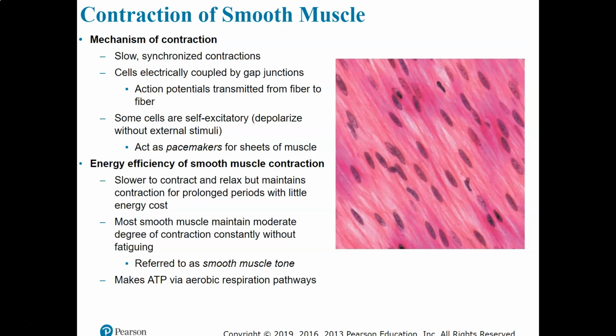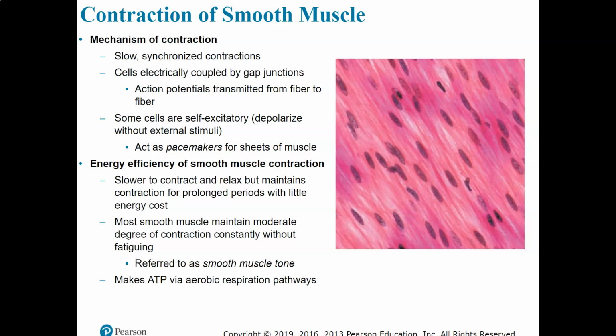They're able to depolarize even without being stimulated externally, kind of like pacemakers in the heart, except these are going to be pacemakers in other organs. For example, the intestines actually have their own contractile pace that can be regulated by the nervous system, but it has its own rate of contraction.